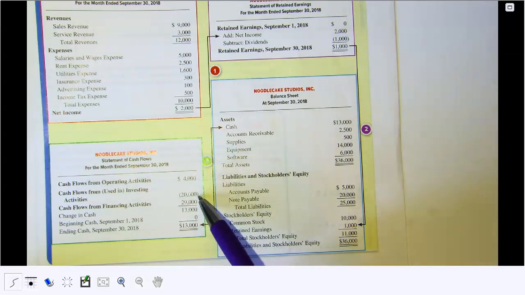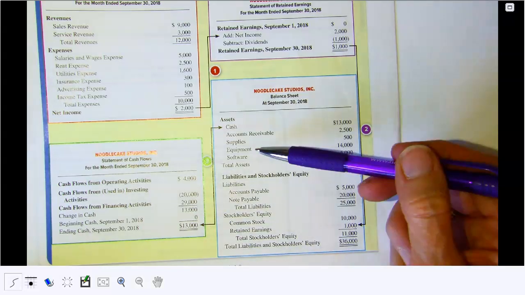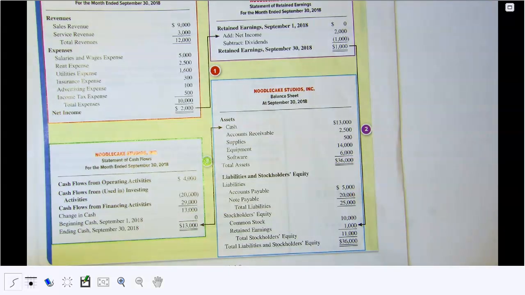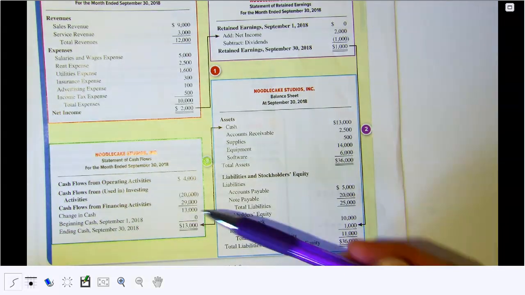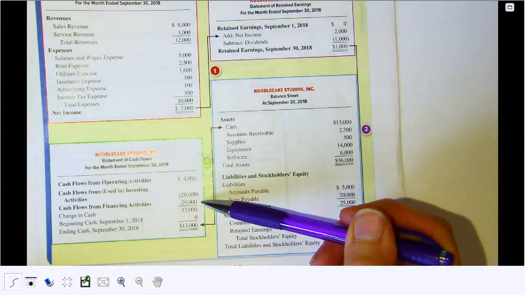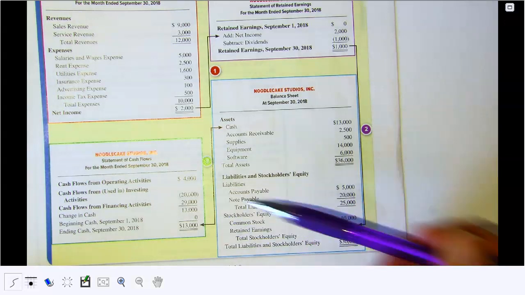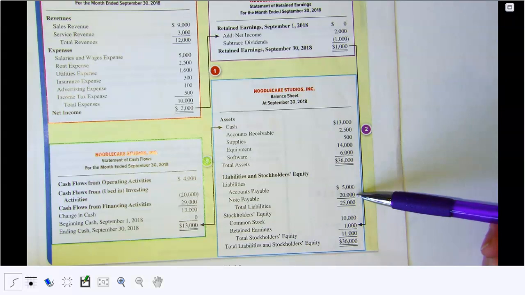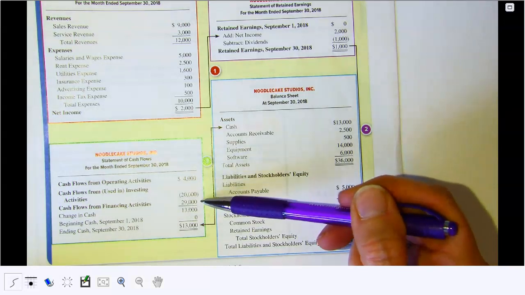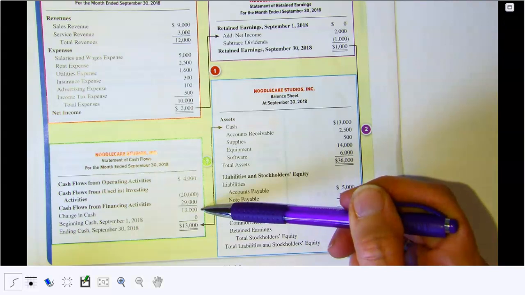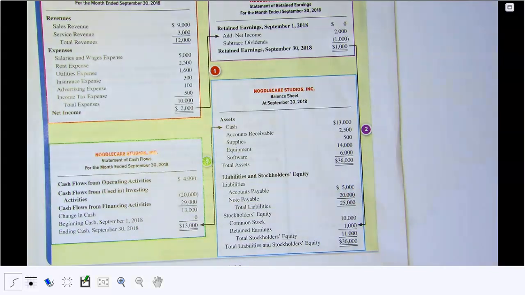We used $20,000 for investing in our equipment and software. And we financed the company most likely through loans. There's a notes payable, and through purchases on credit. So $4,000 minus $20,000 plus $29,000 explains our change in cash from the beginning of the period till the end of the period. Well, that ends our mini lecture.